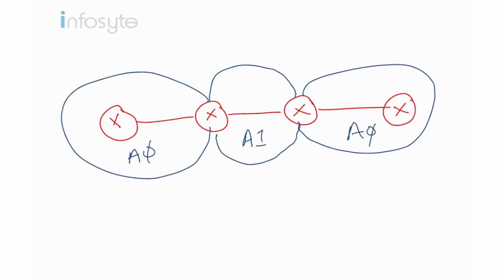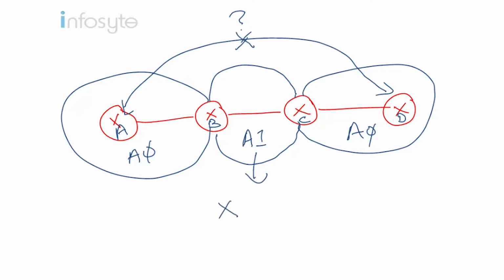Let's say these are routers A, B, C, and D. Do you think that router A can talk to router D? The answer is no, it can't. They cannot communicate because area 1 is not a transit area.